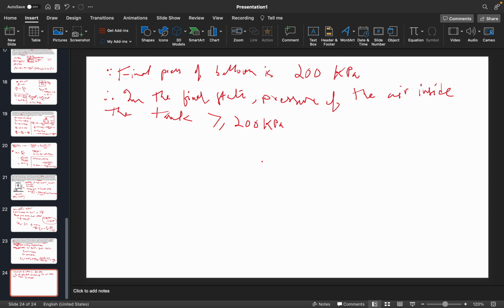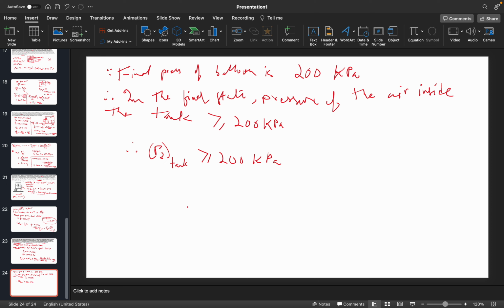If the balloon is maintaining a pressure of 200 kilopascal, the tank should have a minimum pressure of 200 kilopascal. So mathematically, in the second state the pressure of the tank should be greater than or equal to 200 kilopascal.